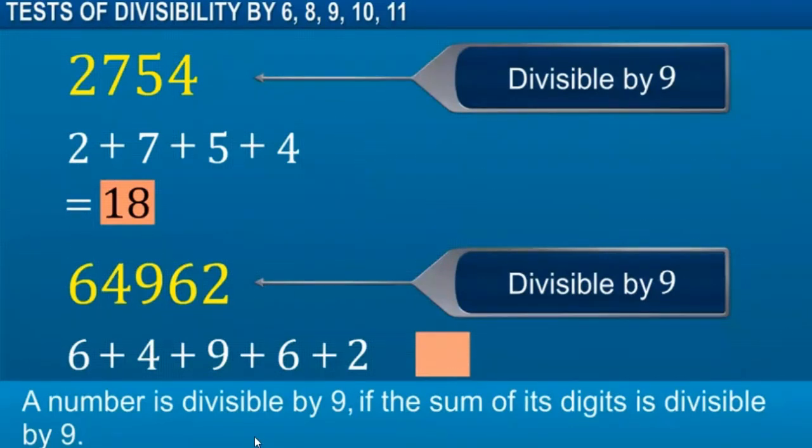So we can say the number is divisible by 9 if the sum of the digits is divisible by 9. You can just write down this statement: a number is divisible by 9 if the sum of its digits is divisible by 9.